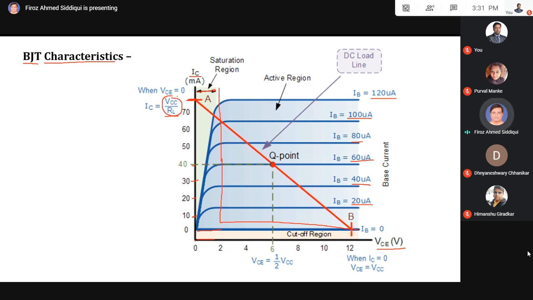And if we take IC equals 0, then VCE will be equal to VCC. So this point is VCE equal to VCC. VCC means the supply voltage which we apply to the transistor in order to give the supply. So this is the characteristic of the transistor.